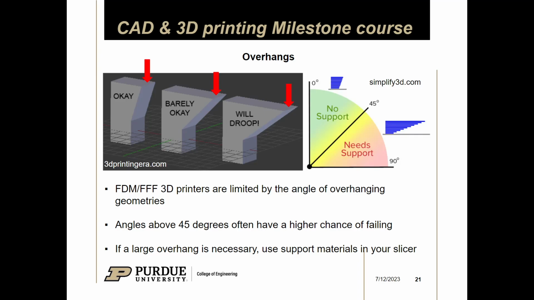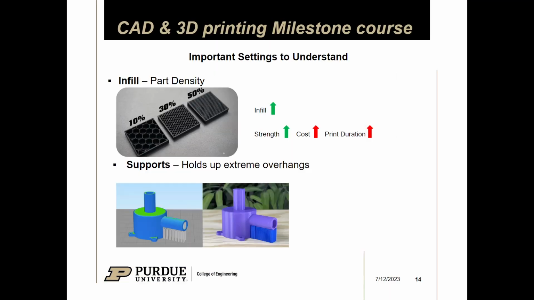I don't know if I have a good example of it. I guess here, this is a 90-degree angle, right? This pipe piece on the bottom is technically an overhang. But because it's at 90 degrees, I would suggest supports, just because you can't print in midair. So supports are useful in this case, but they are also useful for other angles.